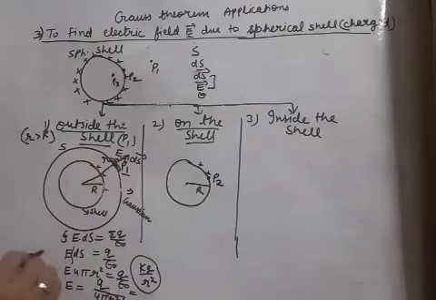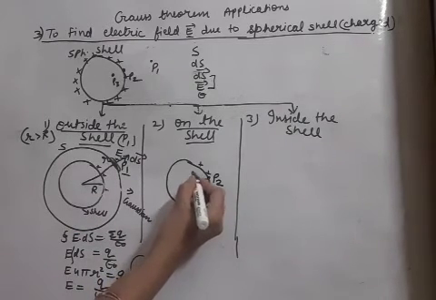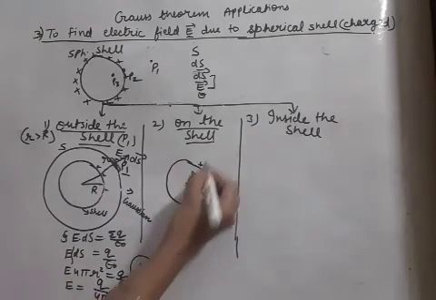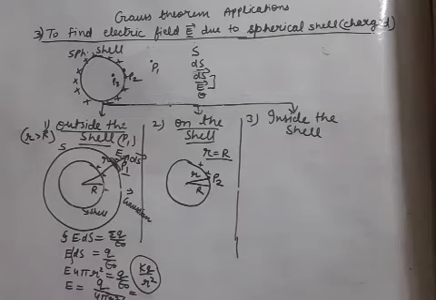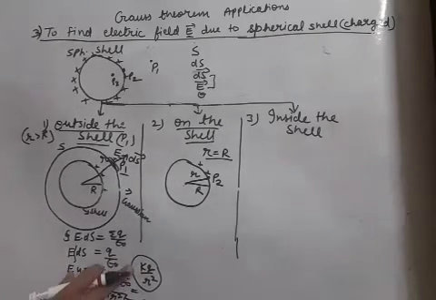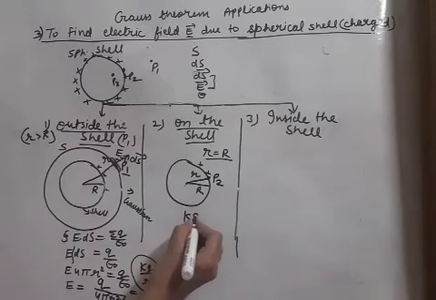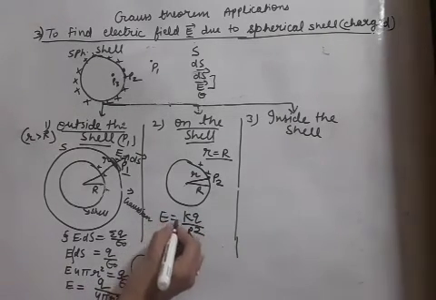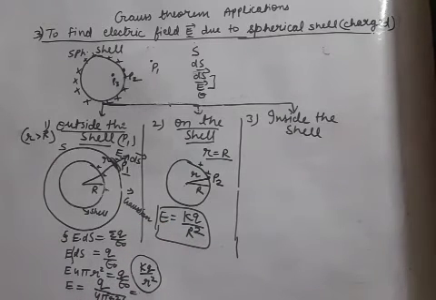But point's distance we always take small r. So here we have got the idea, the relation between small r and capital R is that they are equal. You can see in the diagram. So whatever formula we have got here, in that formula we will just replace small r by capital R. So this is the electric field on the spherical shell.